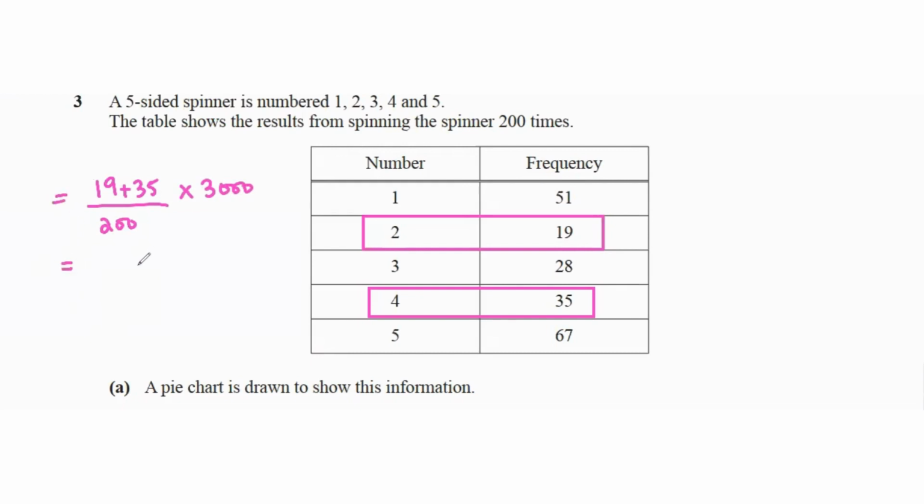So 19 plus 35 is going to be 54, over 200 times 3,000. You can simplify this. The zeros cancel out. 2 ones are 2, 15. So 54 times 15 is 810.